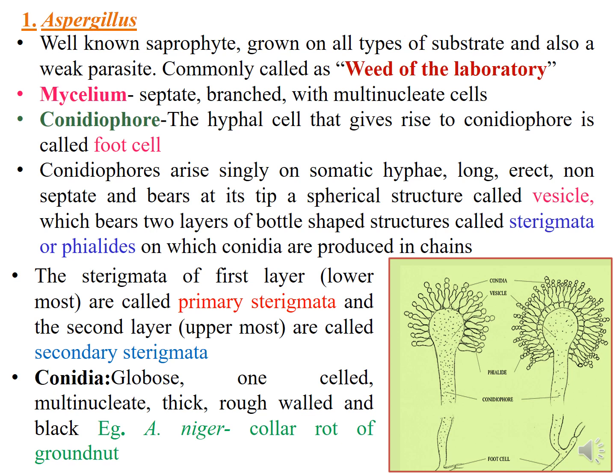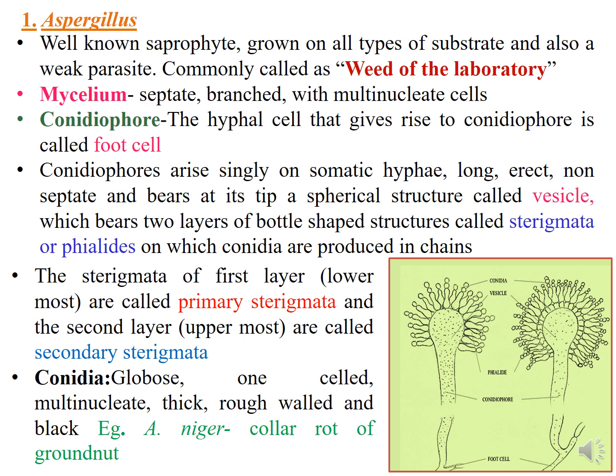Coming to Aspergillus, we all know it. Generally it is a well known saprophyte and grows on all types of substrates, and it is a weak parasite. It grows very easily. Aspergillus is called the weed of the laboratory. Just remember this phrase: the weed of the laboratory is Aspergillus.